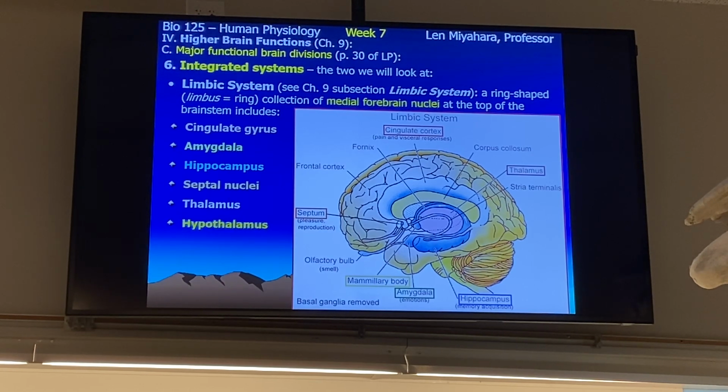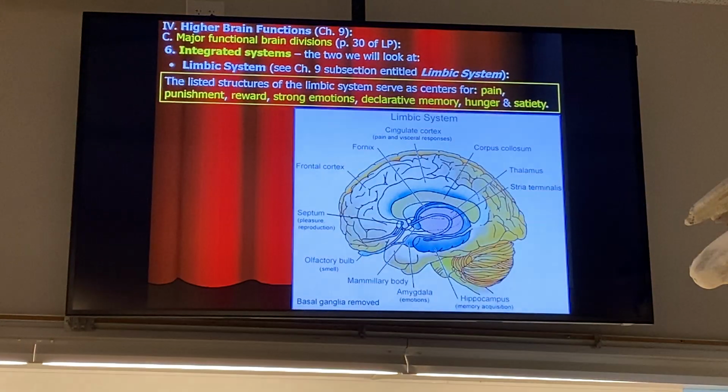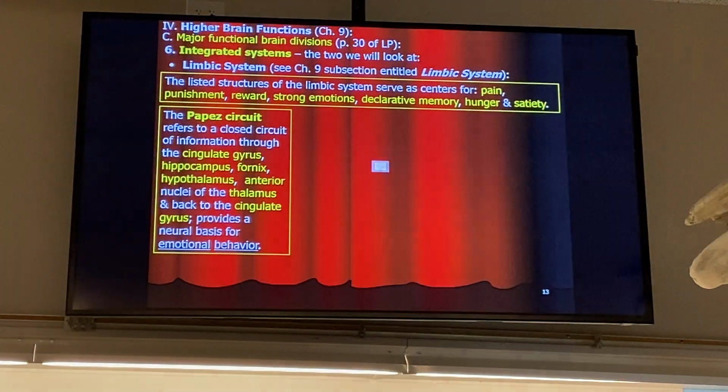That's why it's called that, but that's not 100% true. And you can see here it looks like rings, like 3 rings. Okay. So it is mostly diencephalon, but some of it goes to the medial telencephalon as well. Go ahead and fill in the blanks here.